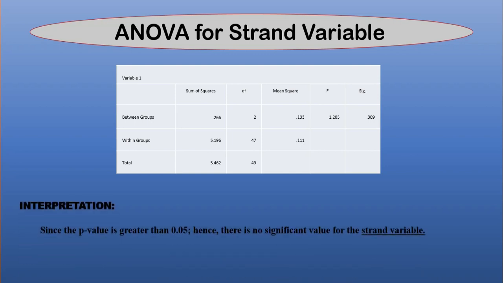Since the significance of the strand variable is 0.309, and the required value for significance is 0.05 or less, there is also no significant value for the strand variable. Hence, both variables have no significant value in the ANOVA of this data analysis. I'll give the floor to Mr. Gilbert for more discussion.